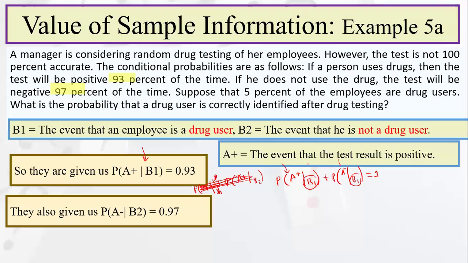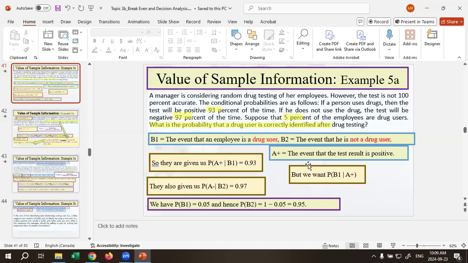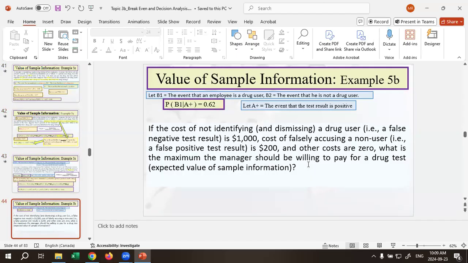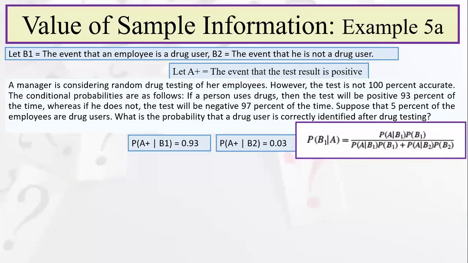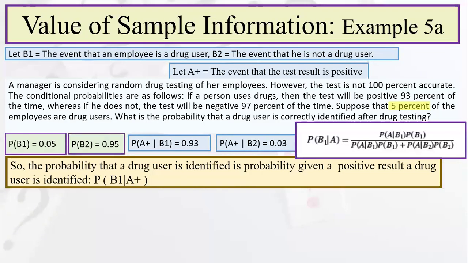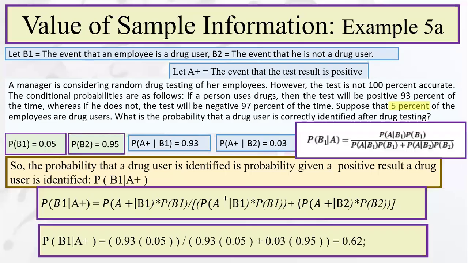One of them will happen, so that is 1. If I go here now, take the formula here, I'll write it again, the last one. I don't need to write down 3 different slides, but to be honest with you, basically this is probability of A plus given B1 multiplied by probability of B1, divided by probability of A plus.